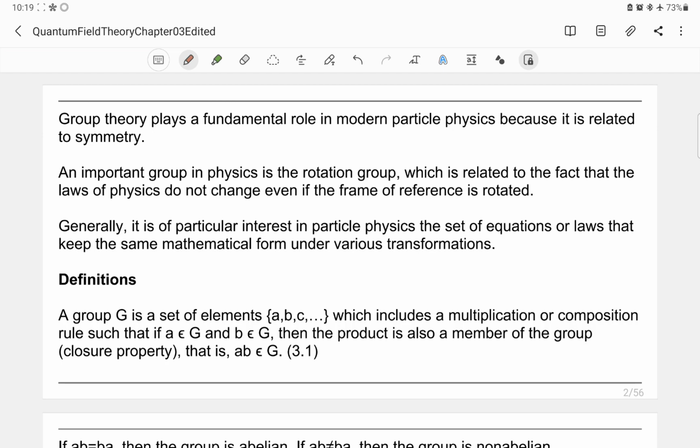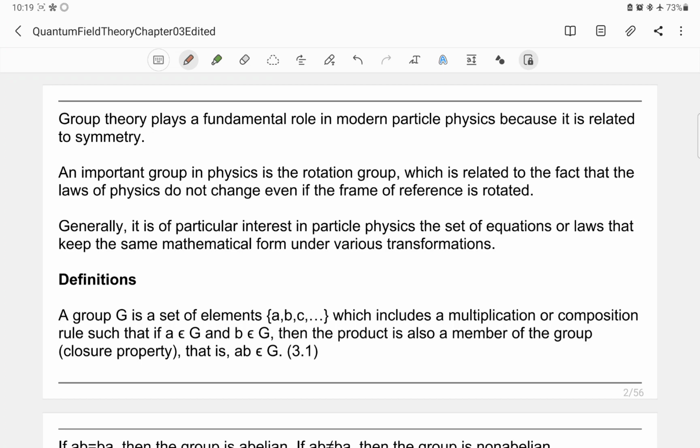An abstract branch of mathematics called group theory plays a very important role in modern particle physics. The reason is that group theory is related to symmetry.